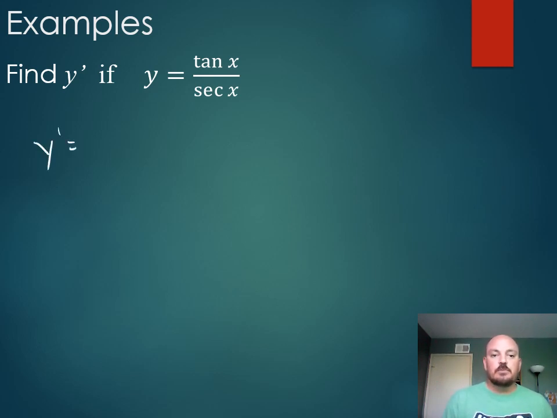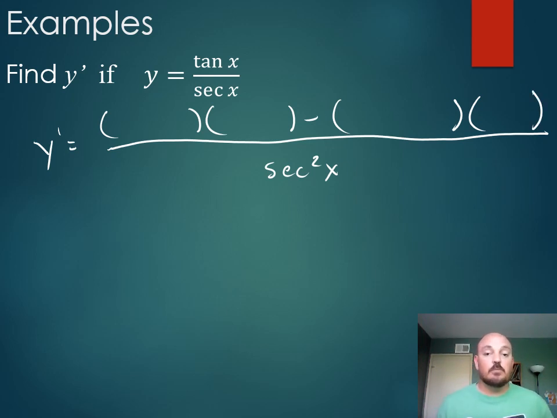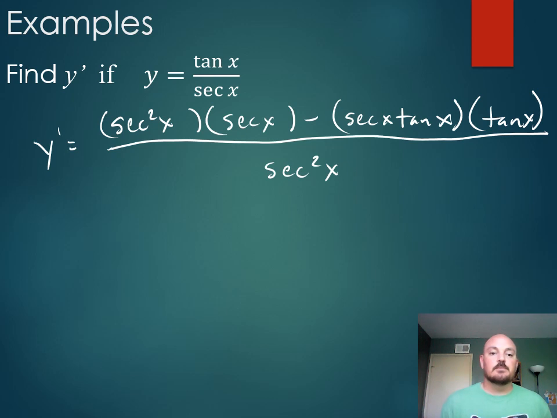So if I'm going to do this problem using quotient rule, I'm going to set up this big fraction here, and I'm going to start off by squaring the bottom, secant squared x. And then on the top you have what looks kind of like product rule, but with a minus. So we have the derivative of the top, which would be secant squared x, times the bottom, which is another secant x, minus the derivative of the bottom, which is secant x tangent x, times the top, which is another tangent x.